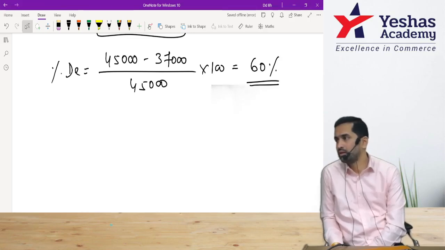In bracket, decrease in NPV by 100%. Full stop. Next line, we need to do reverse working. Write down, we need to do reverse working to solve the sum under this method.